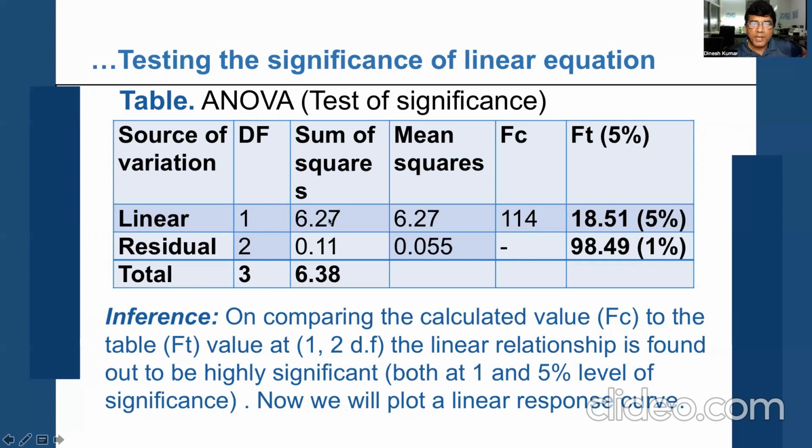Sum of square you have calculated for regression, and this is for error or residual, and this is total sum of square. For mean square, all these values are divided by their respective degree of freedom: 6.27 by 1, 0.11 divided by 2, and so on. 6.27 divided by 0.055 gives you F calculated, and the table value is 18.51 at 5% and 98.49 at 1%.